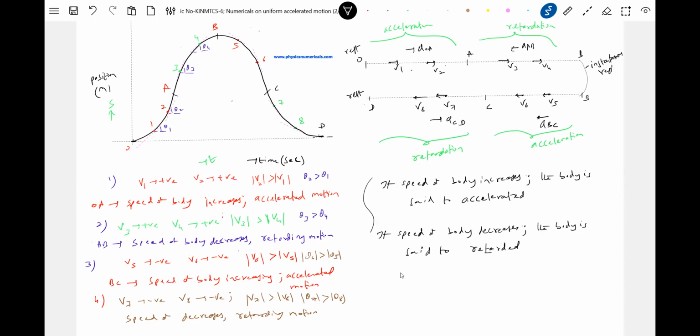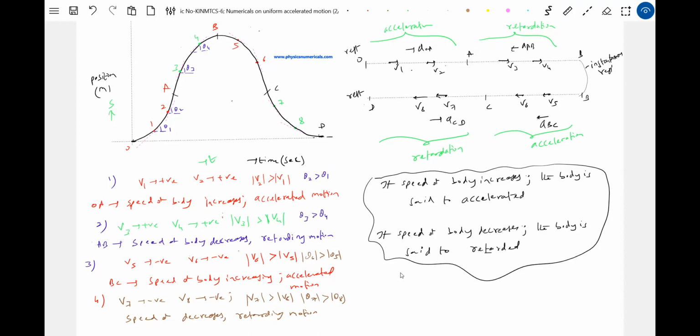Okay, this is very, very important. Speed of body increases, acceleration; speed of body decreases, retardation, that's all. Acceleration can be directed along the positive x-axis or along the negative x-axis. Retardation can be directed along the negative x-axis or positive x-axis. That's what I'm explaining using this particular graph.